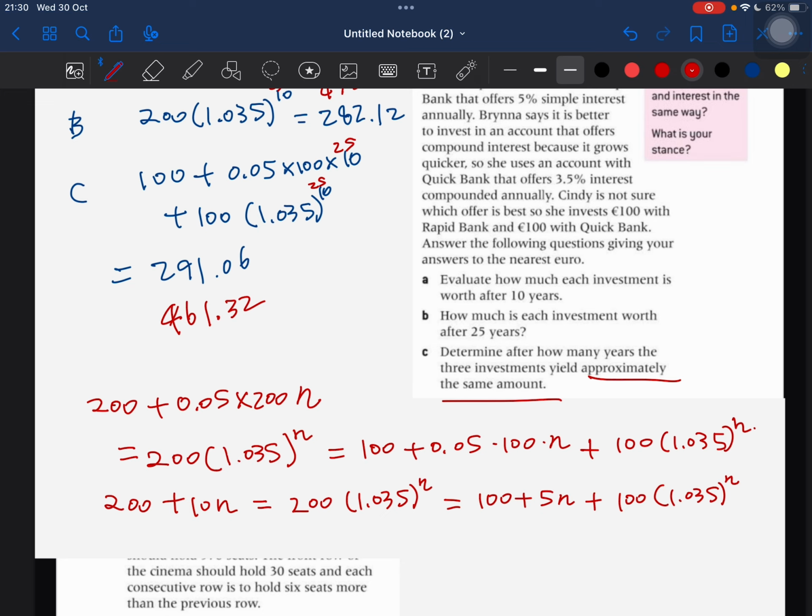So we need to draw the graph, three of them. So let me try to sketch it using the calculator.